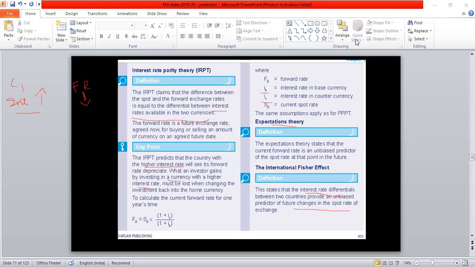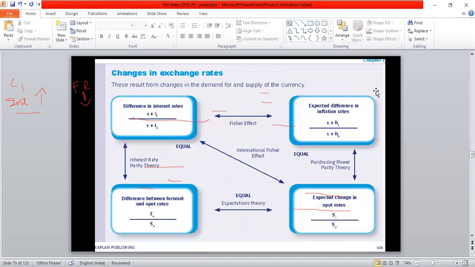So we have understood what is the purchasing power parity between two countries. Then we have understood about interest rate parity theory. Then because of the interest rate differentials between two countries, Fisher's effect, and purely expecting what would be the future spot rate, an unbiased predicted value of the future rate, the expectation theory.